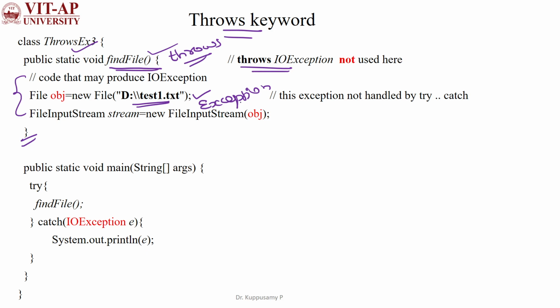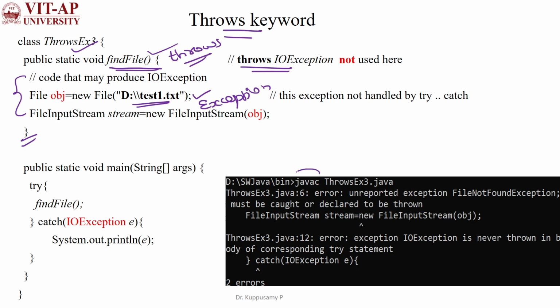Now what will happen? It will generate an error during compilation time. You see, during compilation itself it shows the error: unreported exception FileNotFoundException must be caught or declared to be thrown. So either it has to be caught inside the method, or it should be thrown in the method declaration or signature itself.